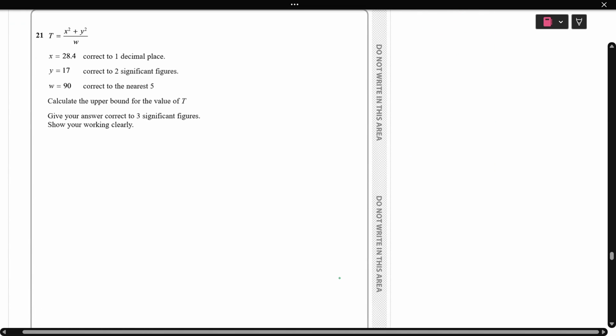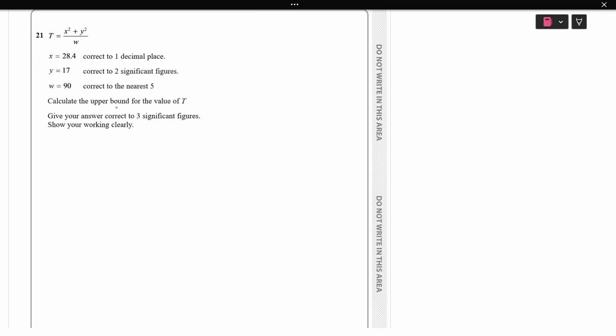Okay, the next question is a bound question. Calculate the upper bound of this value. Upper bound means the greatest one. So the numerator is going to be the upper bound and the denominator is going to be the lower bound. So t equals the upper bound of 28.4, which is 28.45, squared, plus the upper bound of y squared. y is 17.5, so 17.5 squared, over the lower bound.